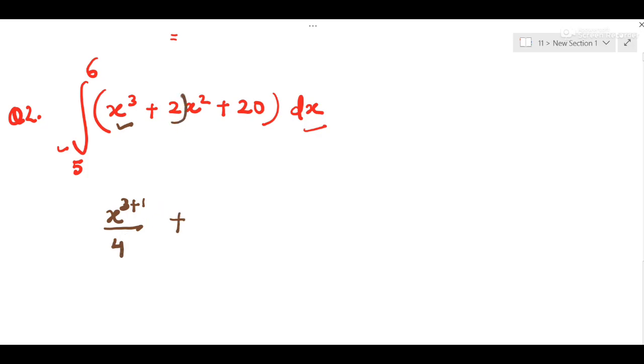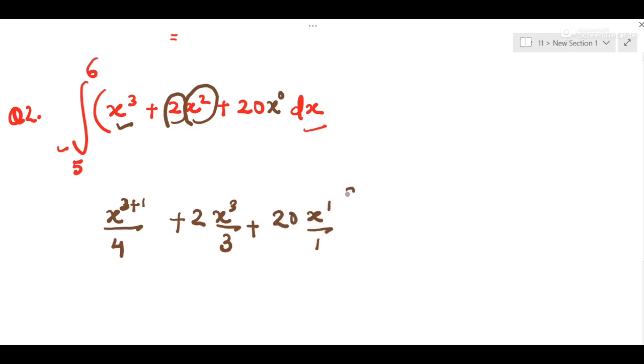Plus, similarly, this 2 will remain as it is. Here 1 power will be increased, divided by the increased power. Similarly here we have no power, it means it is x to the power 0, but now 20 will remain as it is. 1 power would increase and be divided by the increased power, and limits are from 5 to 6.